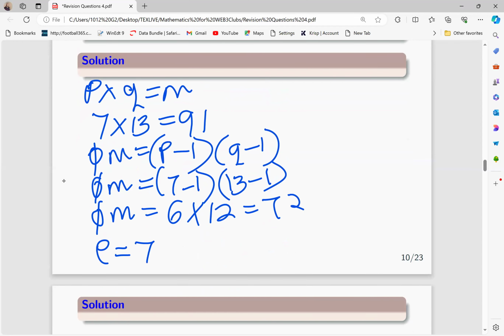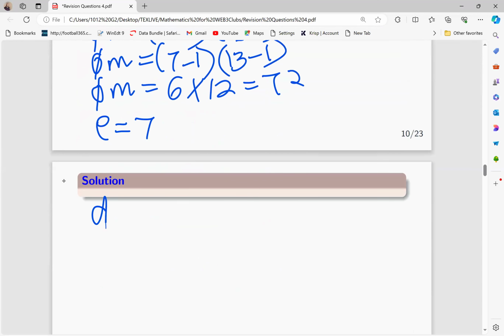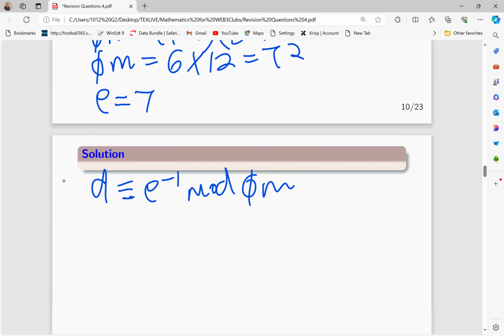So we find the number D. How do we find D? D is the inverse of E, mod phi of M. We can say congruent, right?